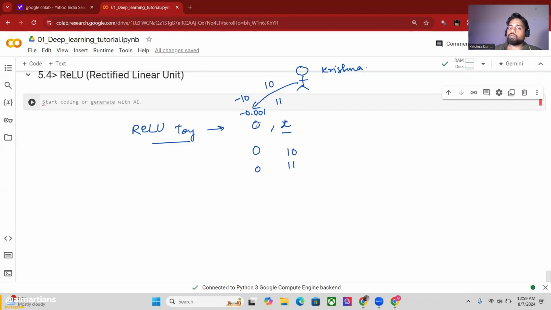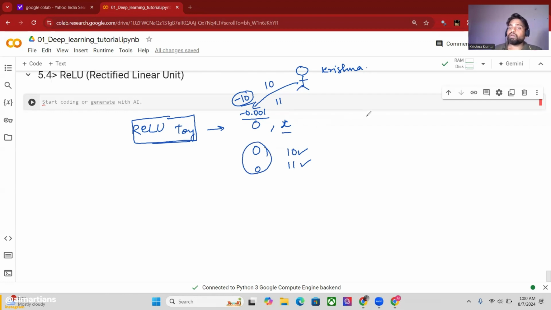So this is a toy which only provides two kinds of answer. If the number is positive, it will simply give us the same value as it is. But if the number is minus 10, or let's say minus 0.001, in that case it will simply give me 0.